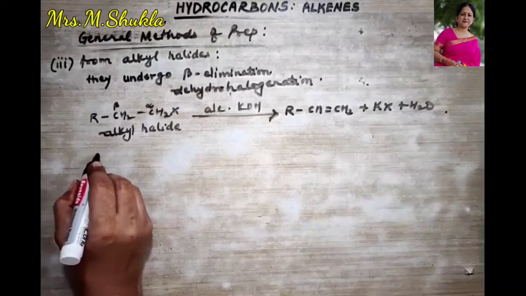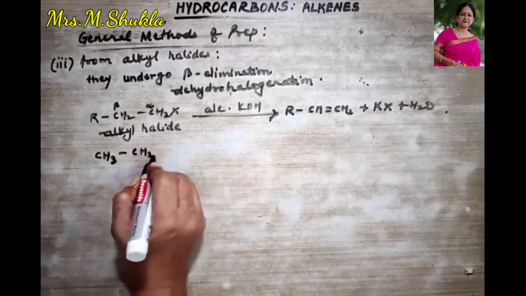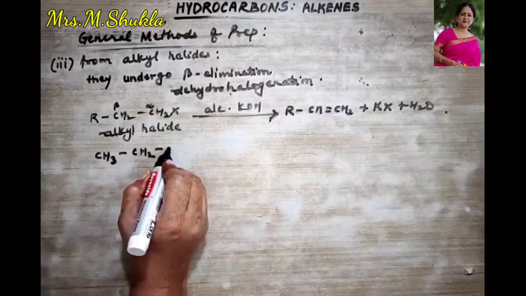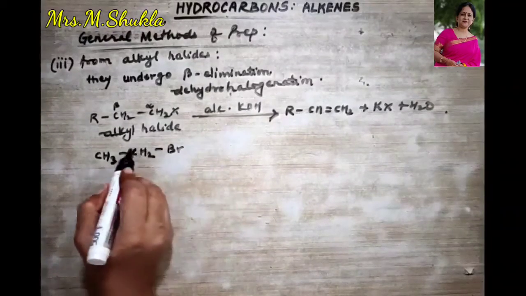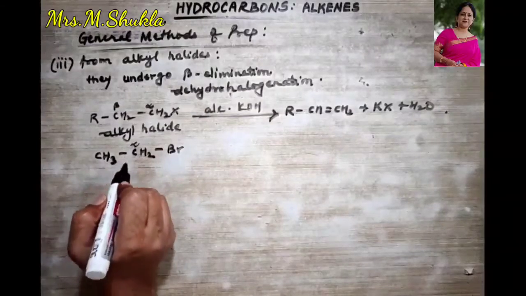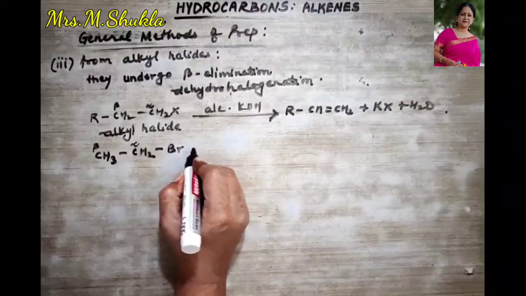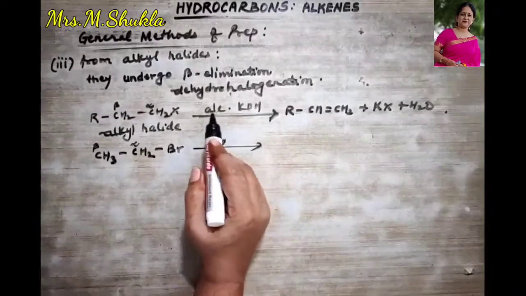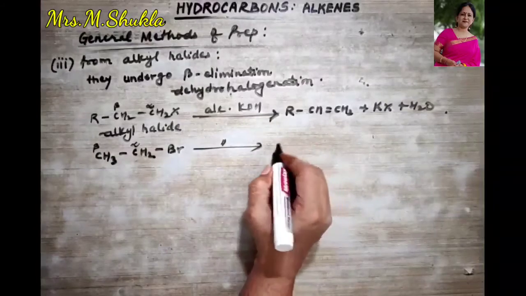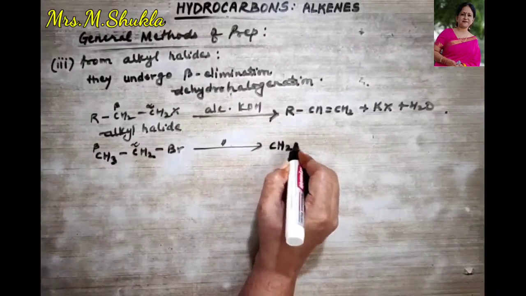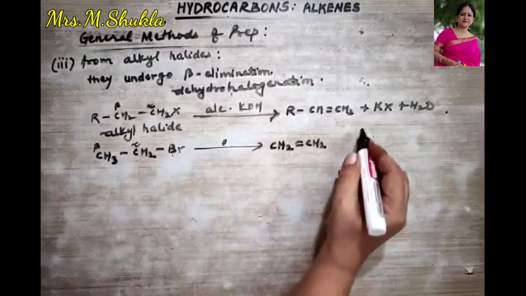Okay, so let's take one example like CH3CH2Br. If I take bromine, so this is your alpha carbon and this is your beta carbon, which on heating in the presence of alcoholic KOH is going to give us what? CH2 double bond CH2 and what else?